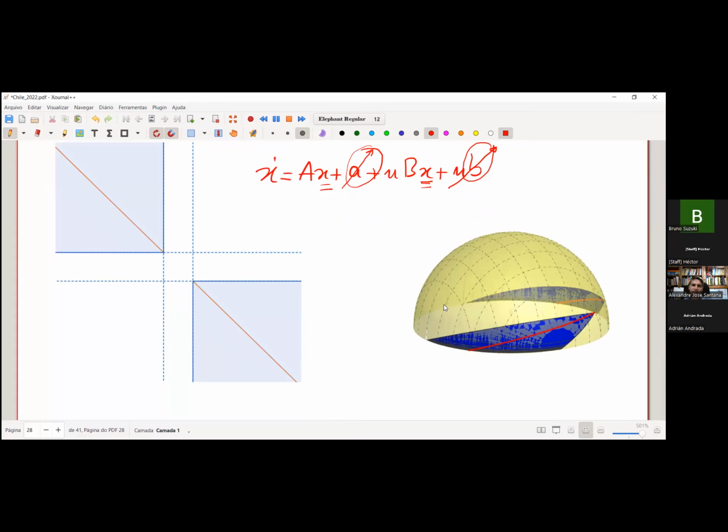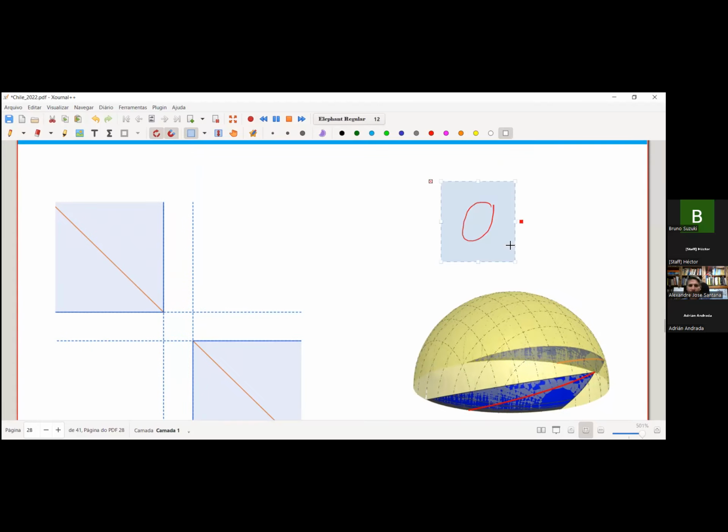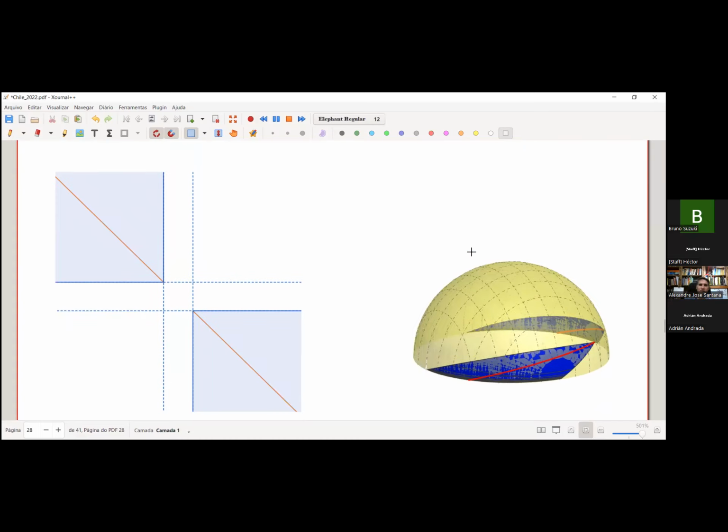And here in this picture, we have that picture that I drew. Here, for example, we have the control sets. In this case, two control sets.